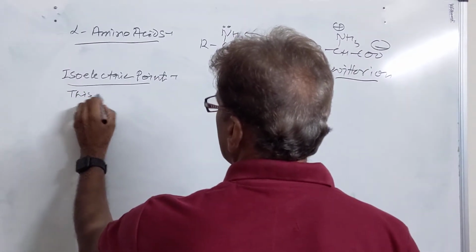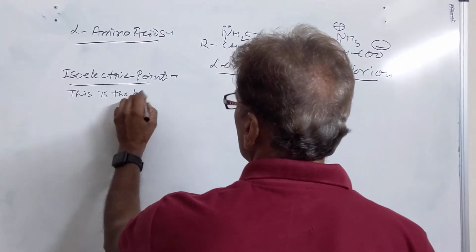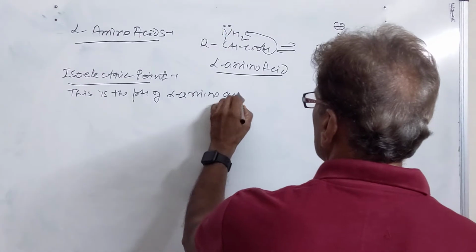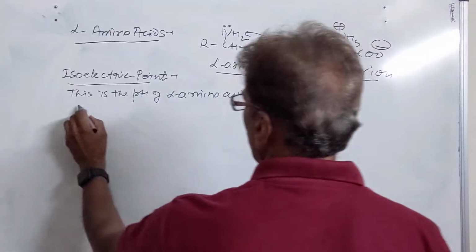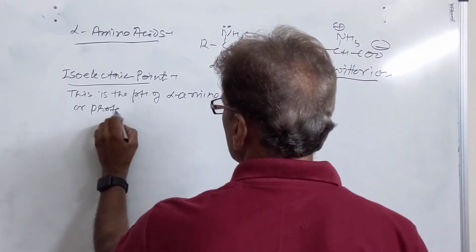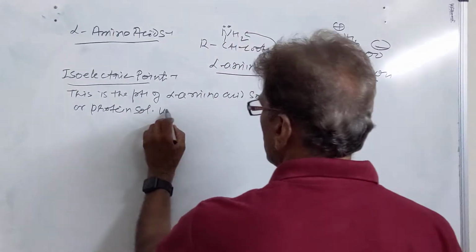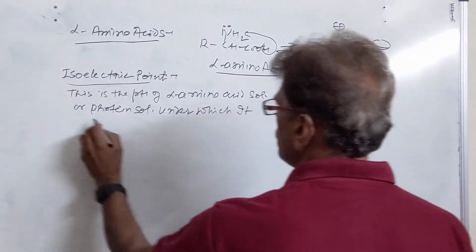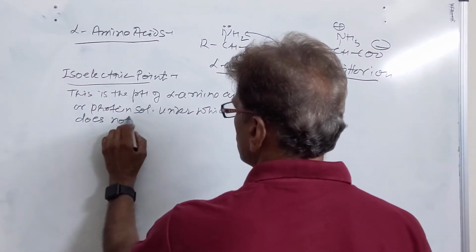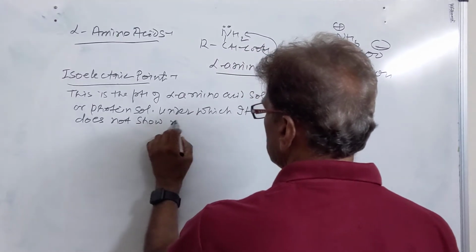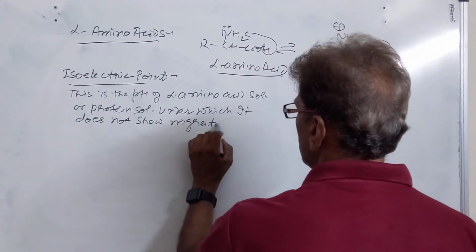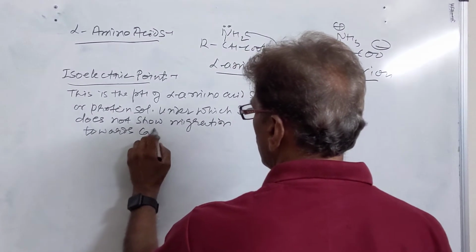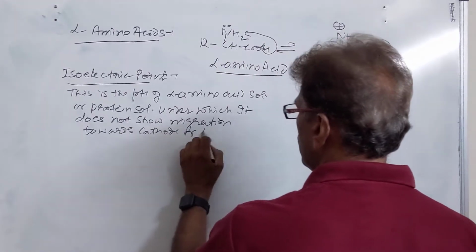This is the pH of an alpha amino acid solution or protein solution under which it does not show migration towards cathode or anode.